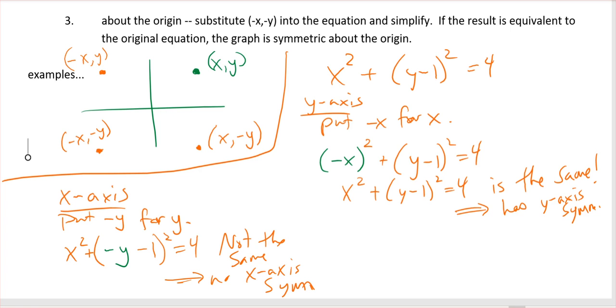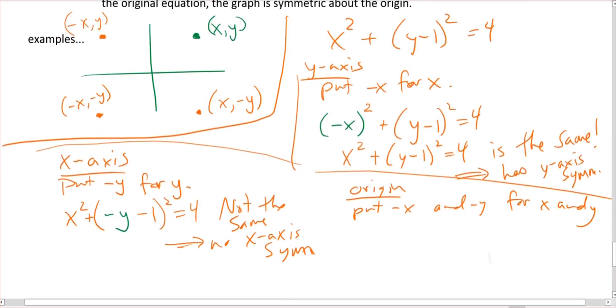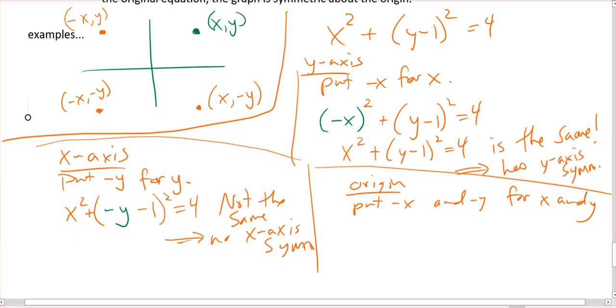So we've got x-axis symmetry, y-axis symmetry, and origin symmetry. We're going to put negative x and negative y for x and y. So that's origin symmetry. Don't want to get too busy with the lines here. We got to separate stuff. So we just put negatives in for both, right?